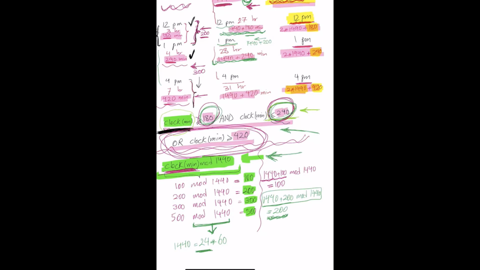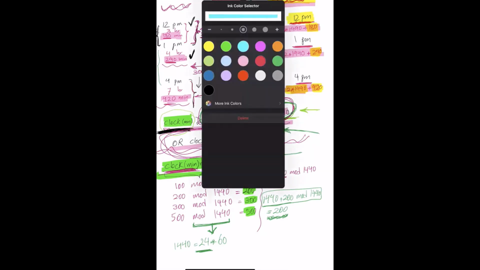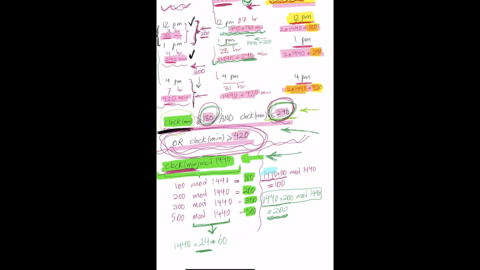So here we look at the simulation time in day 2 and we take away whatever complete 24 hours is in it. There is one complete 24 hours, which is 1440 minutes. We take that out and then we look at the remainder, which is 100 or 200 minutes.